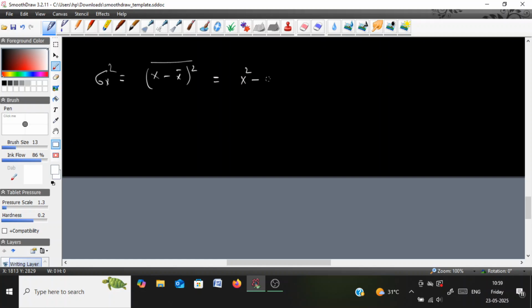x square minus twice of x into x bar plus x bar square, and then the mean of this. And since the mean is a linear operator, the mean of the sum will be equal to the sum of the means.